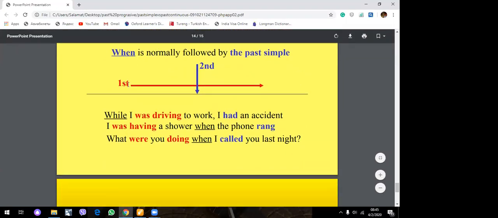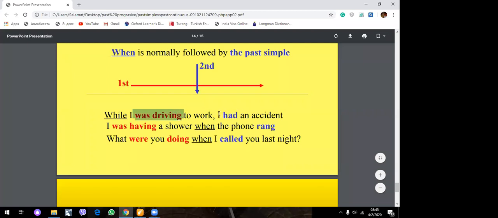Okay, there is first action. While I was driving to work, the second action, I had an accident. We combine these sentences with while, right? And after while, we use past continuous tense, not past simple.